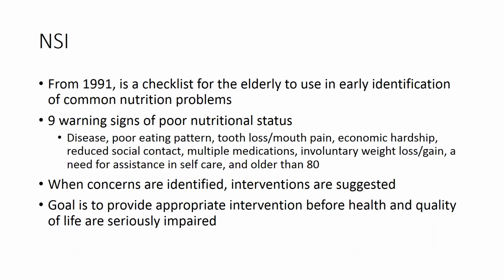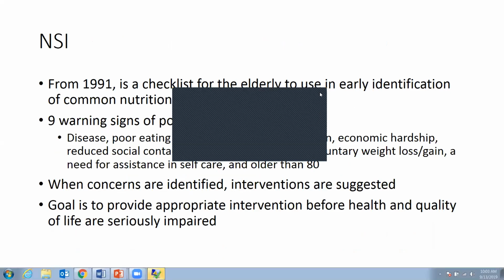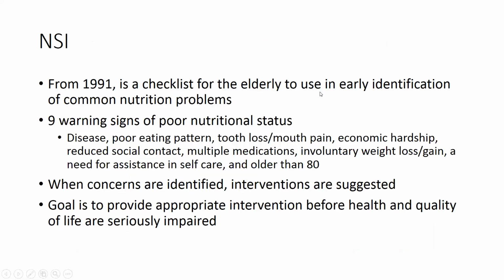This slide is talking about some of our screening tools for our elderly residents. They are at high risk for malnutrition. Sorry, I have a little virus on my computer here. So looking at the 9 warning signs of poor nutritional status, you'll remember this as the DETERMINE checklist.